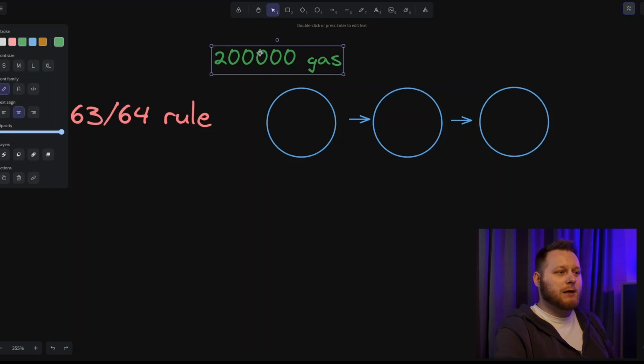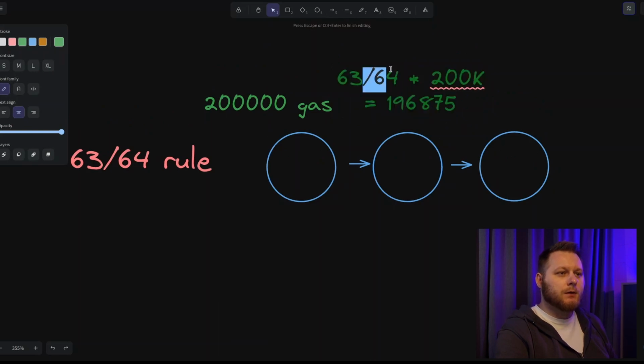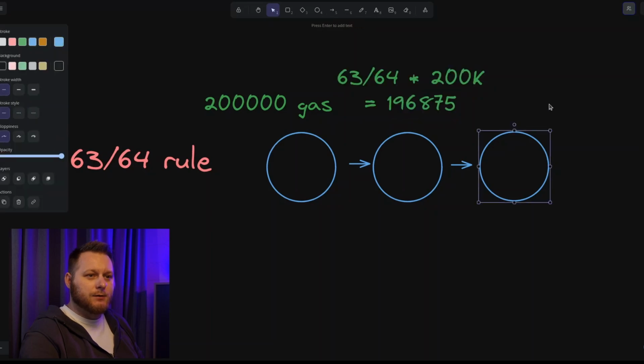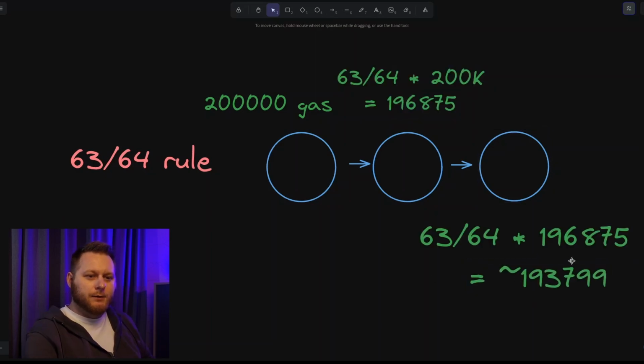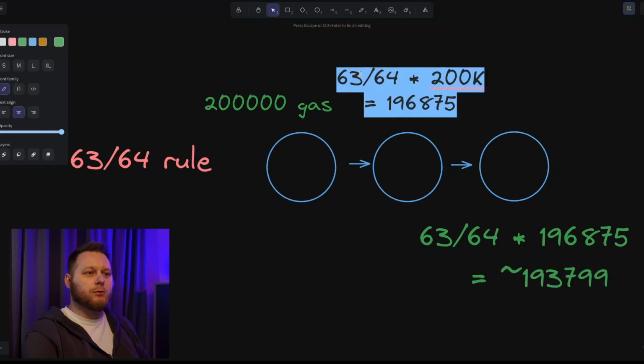So the max amount of gas that you are able to pass here is this. This is the max that you can send, and the same goes here. Here, actually, it will be around 193K, due to this rule.